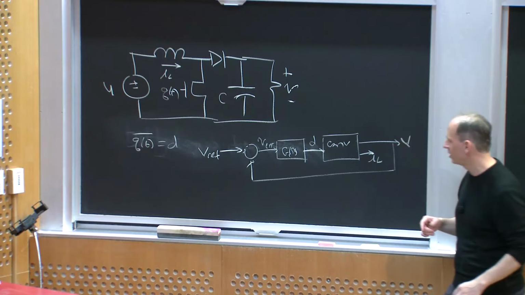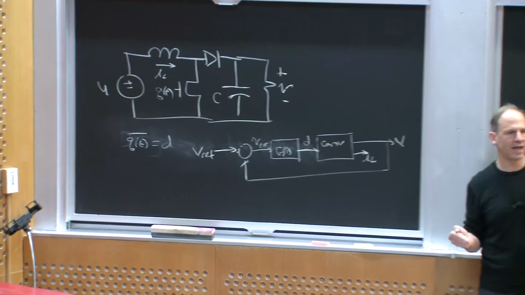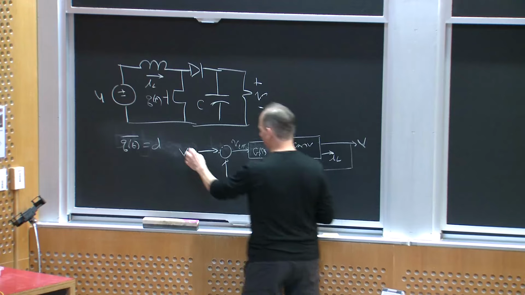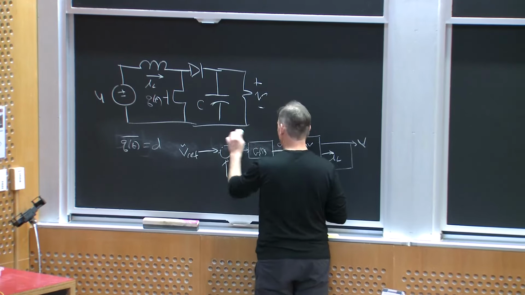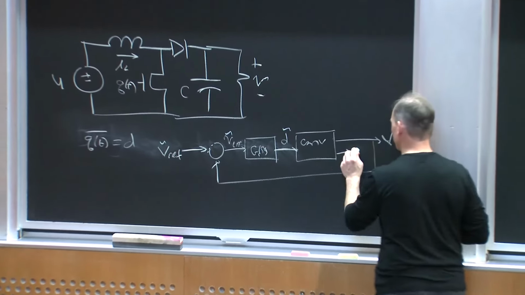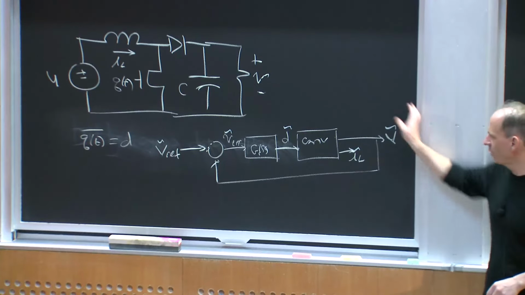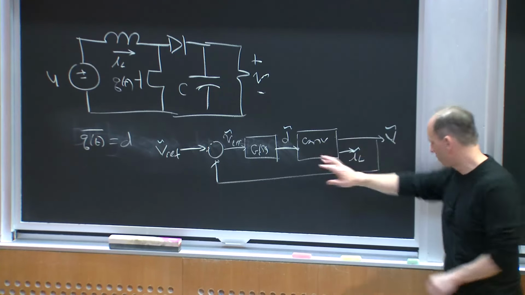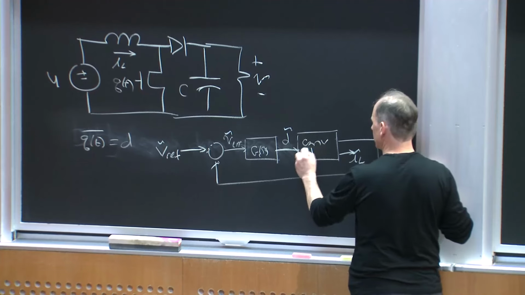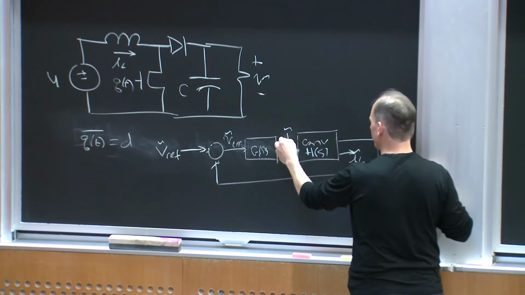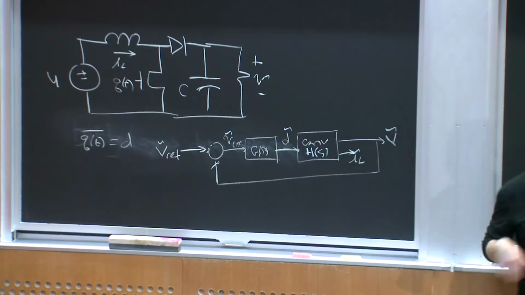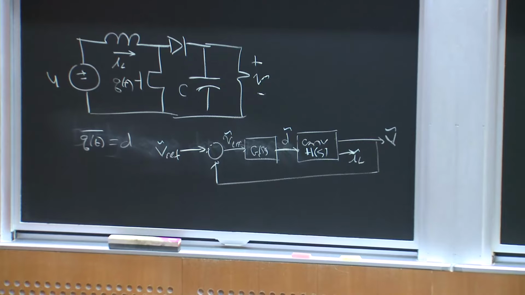And we generated some linearized average models for this thing. So I might think about the variations in all these things to linearize it. And we came up with a model for our converter, H(s), which basically converts variations in duty ratio to variations in output voltage, and we could design a converter.